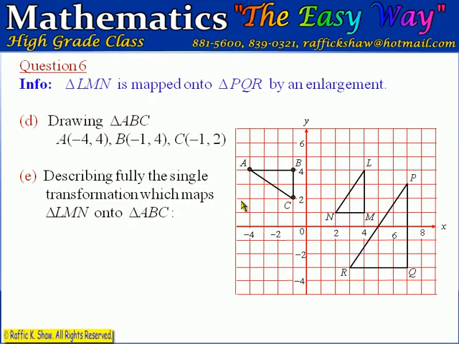Now to describe the rotation, we first have to find the center of the rotation, and the center of the rotation is located on the perpendicular bisector of the lines joining corresponding object and image points. So let me show that construction. This line LA is the line joining corresponding object and image points, right?